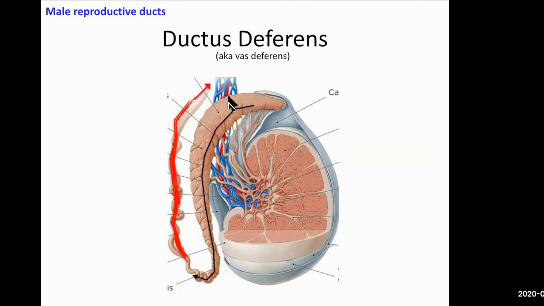Sperm is going to mature in the epididymis; it's going to be stored and matured in this region. It's going to take about 2 weeks. This is about 20 feet of tubules moving up, and then it's going to go through the vas deferens, which goes back up through the spermatic cord, through the abdominal wall.